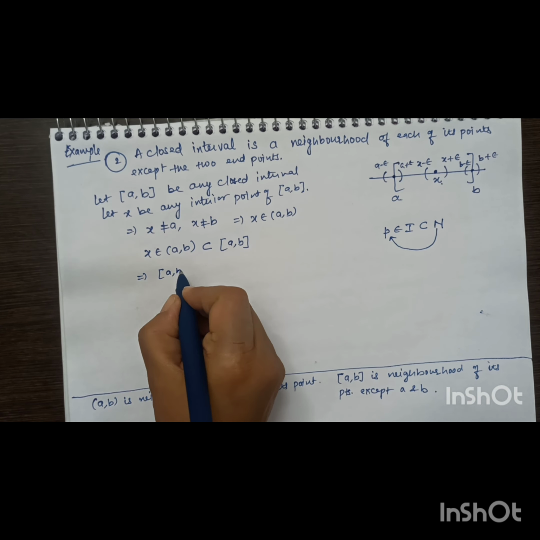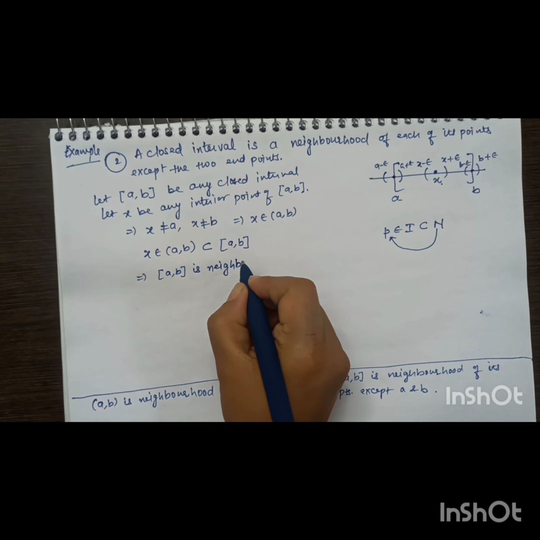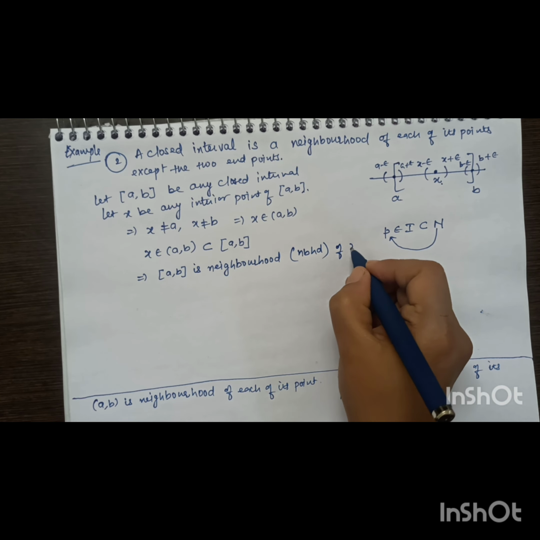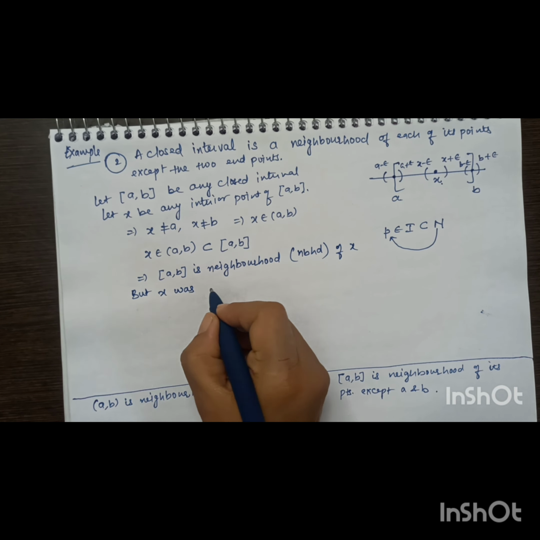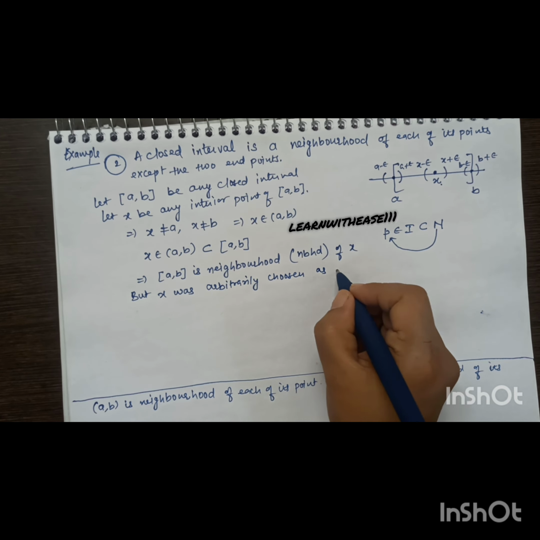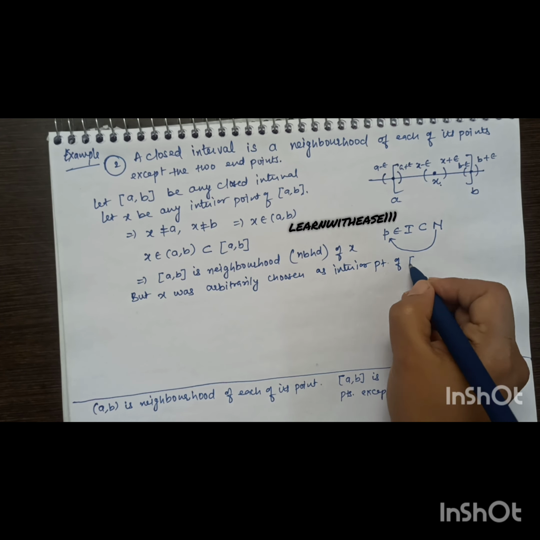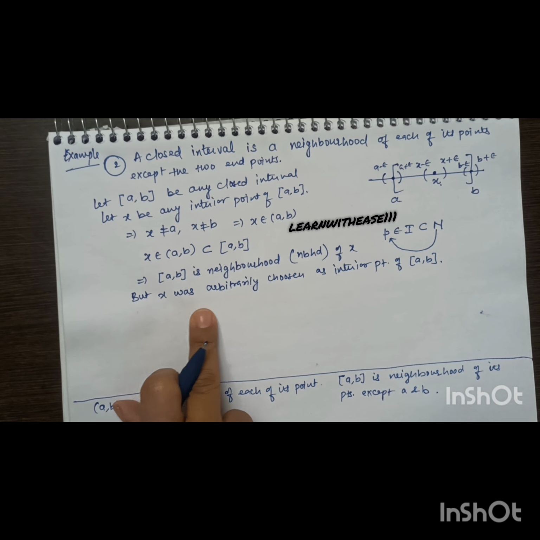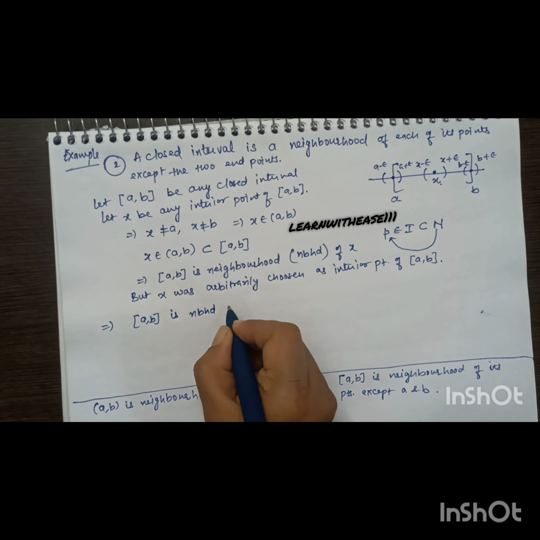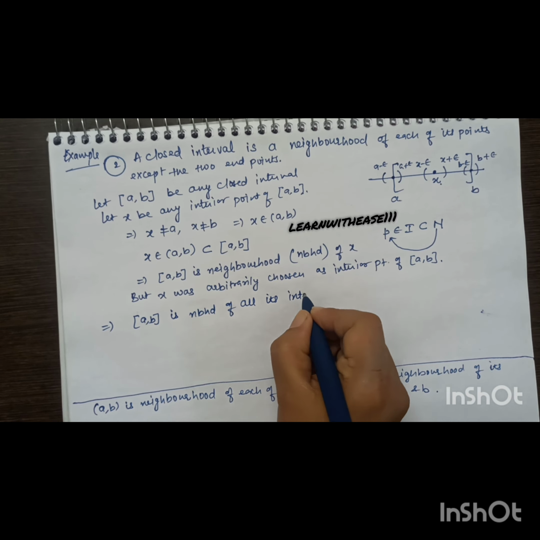That is why it's clearly stating the definition of neighborhood. Closed interval AB is a neighborhood, I'm writing the short form NBHD for neighborhood, of x. But x was arbitrarily chosen, so the closed interval is a neighborhood of each of its interior points because x was an interior point.